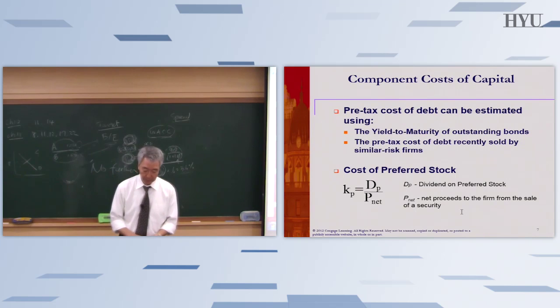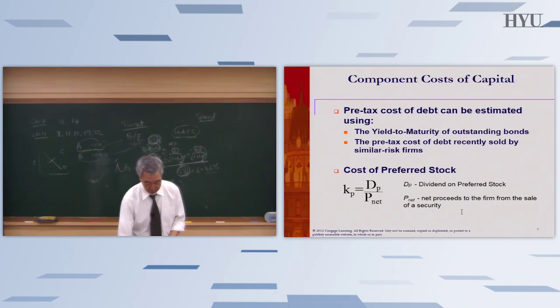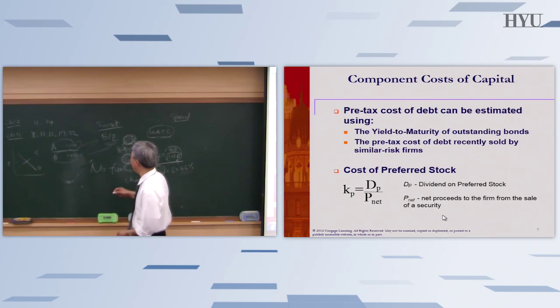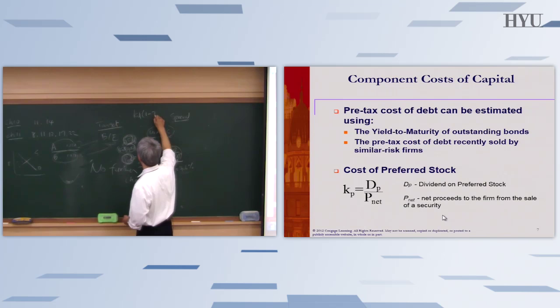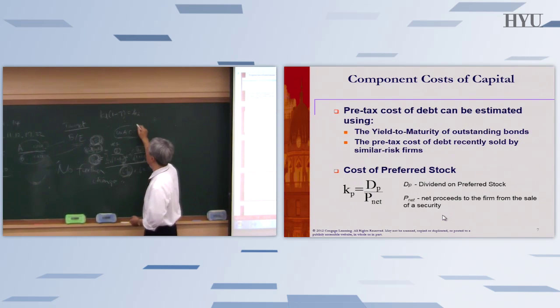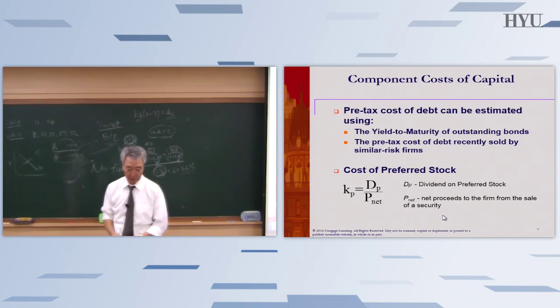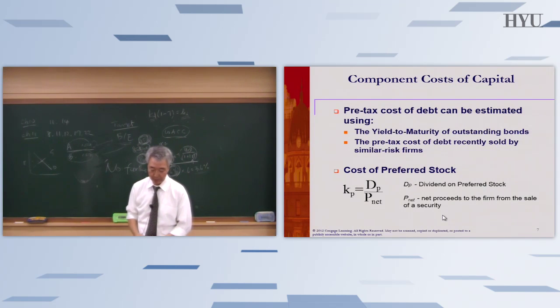Okay, here the pre-tax cost of debt can be estimated using... So pre-tax cost is what we're talking about, KD. And if you multiply 1 minus T, I think in our textbook they call it KI. So this is the after-tax cost of debt. This is pre-tax cost of debt, right? That KD can be estimated using the yield to maturity of outstanding bonds.